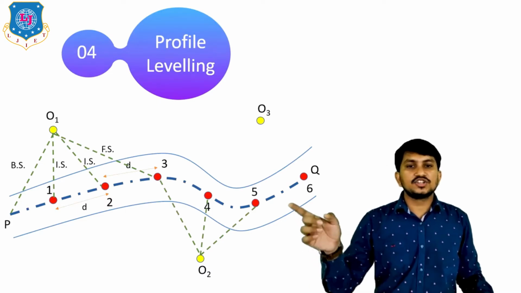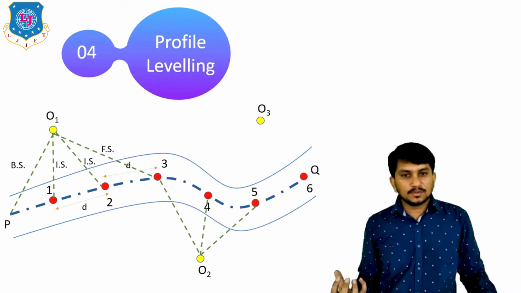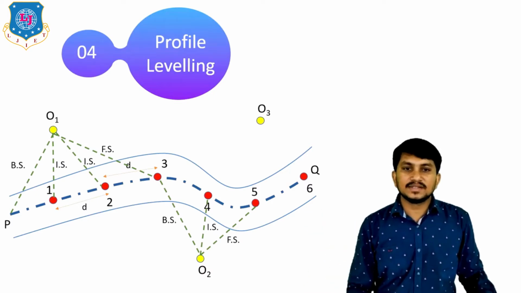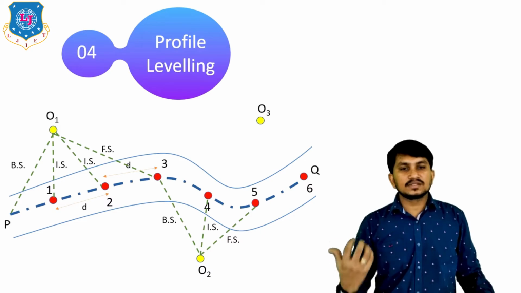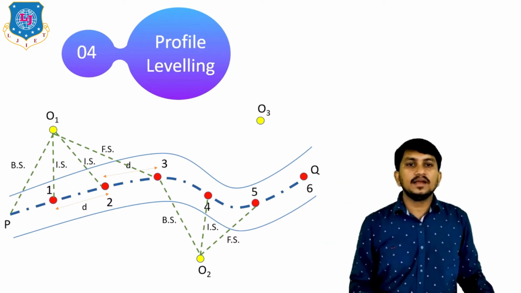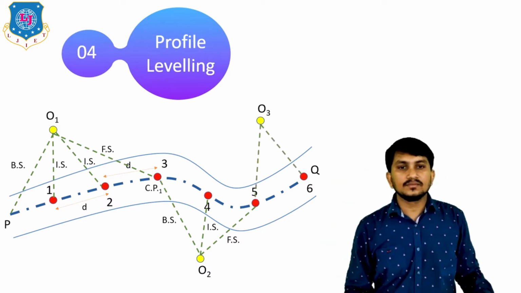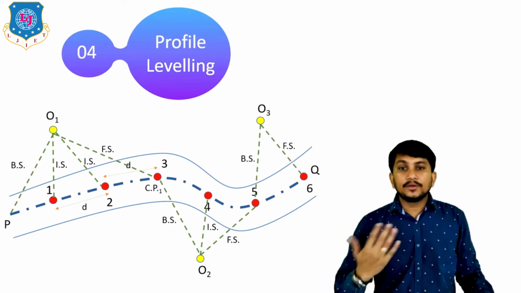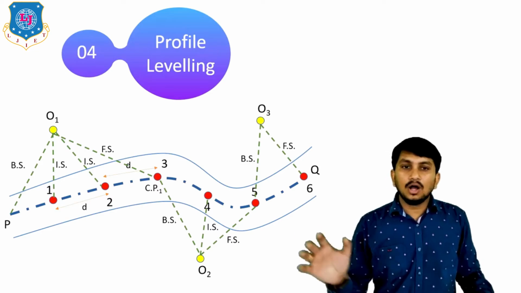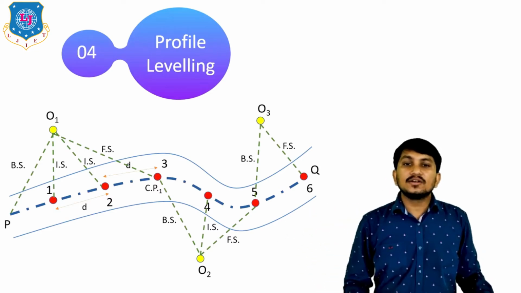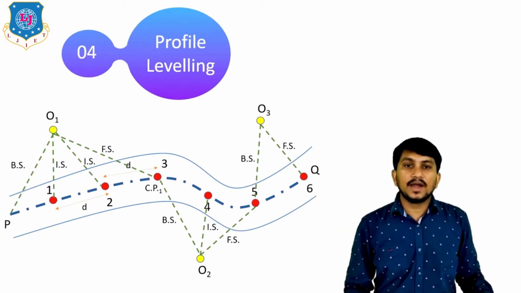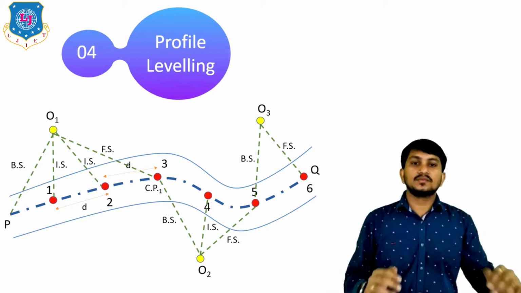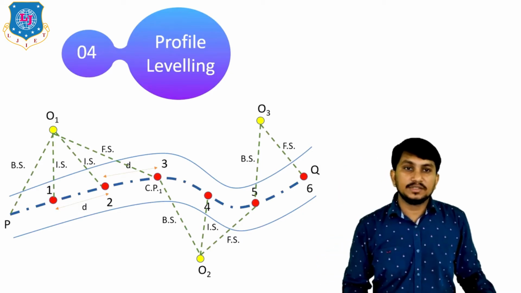So the first reading at station number 3 from setup O2 is BS, then IS, and the last reading is FS. After that, the instrument was shifted from O2 to O3 and readings were taken like this, BS and FS. This is how we can calculate the levels of all these points. Here also a number of setups are used to find out the levels of the points which are at the alignment of the road. Okay, this is called profile leveling.